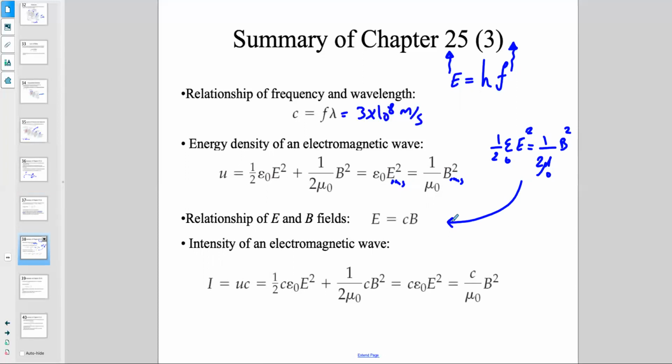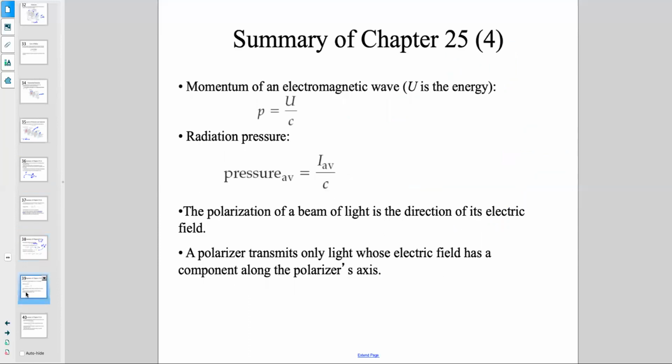And then the intensity of the electromagnetic wave is u times c. So whatever I have here on top, I have to multiply by c to get the intensity. That's why you have an extra value here, c, the speed of light. And the momentum of the electromagnetic wave is p equals U over c.